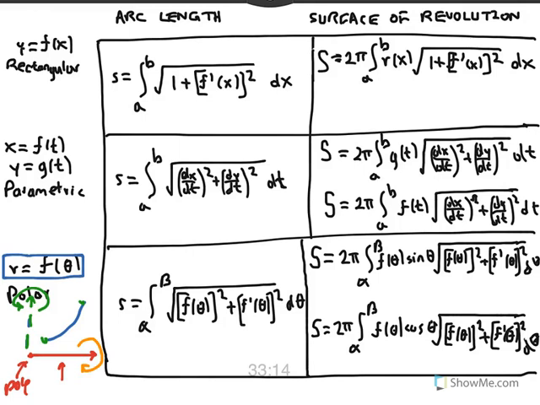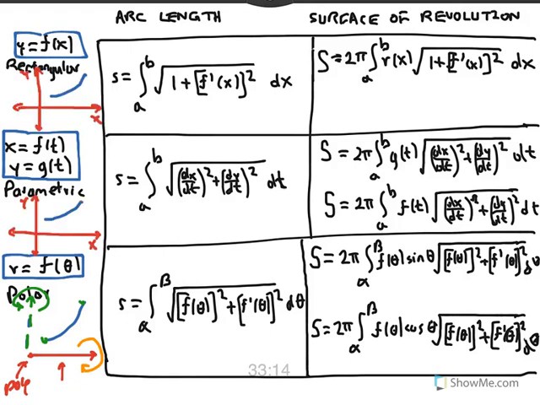This problem is the same problem that we did in section 7.4 and section 10.3. The only difference was that in section 7.4 we had an arc of a graph that was given by a rectangular equation, and in section 10.3 we had an arc of a graph that was given by a set of parametric equations.